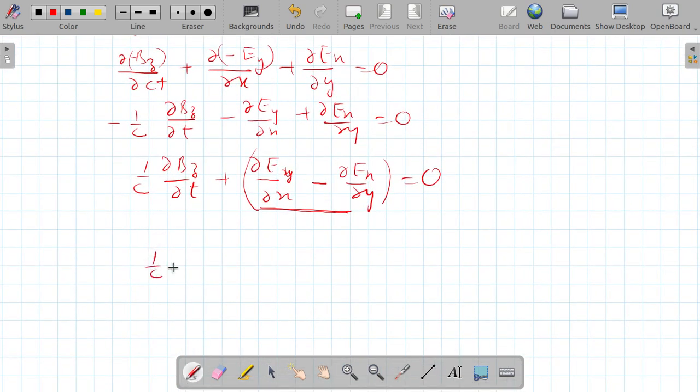So it is (1/c) ∂Bz/∂t plus the z component of del cross E, which must be equal to 0.